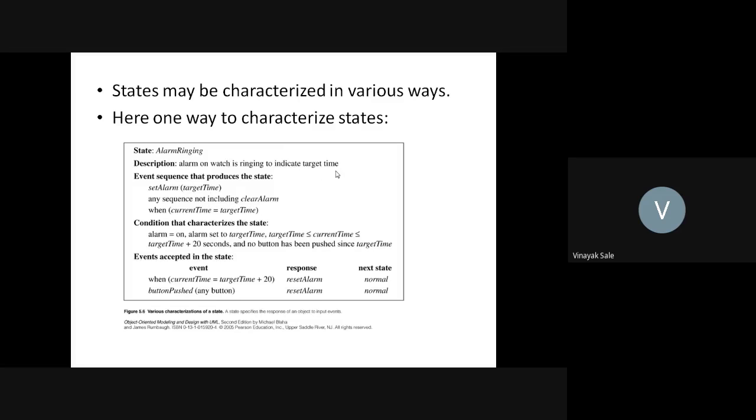What is the event for this state? Set the alarm at target time. Any sequence not including clear alarm, when current time is equal to target time, then the alarm will be ringing. This is the event sequence.